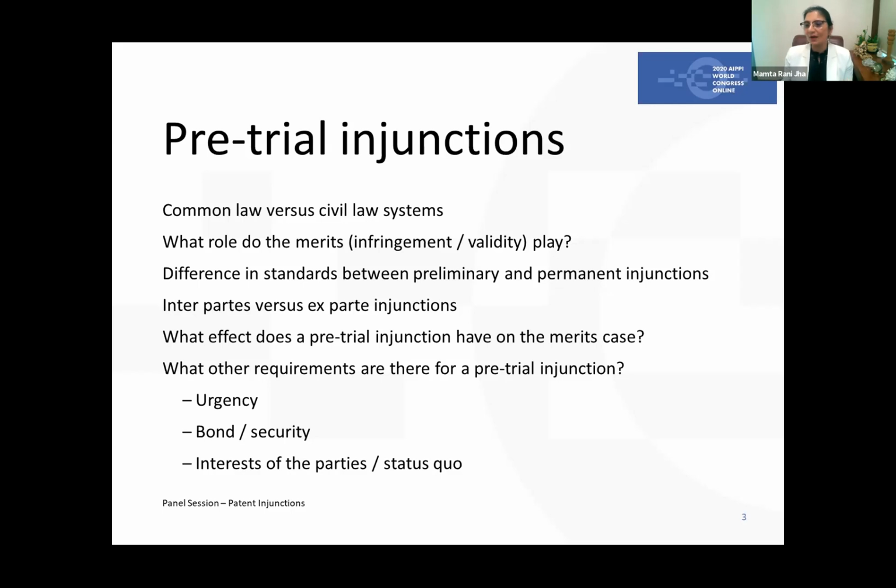Still, it is 2 months, 1 week, but it's urgent and immediate. So therefore, I would say there is no strict timeline. The only test you have to meet is that you have maintained the urgency by taking the action, and without taking such action or requirements, you could not have approached the court. And if you are justified in doing that, it will fall into the category of an urgent situation.